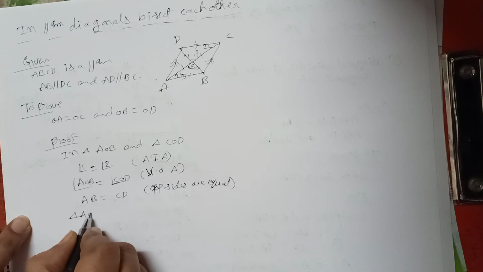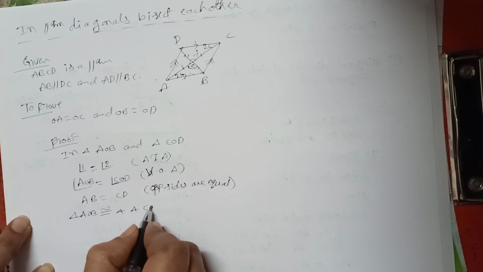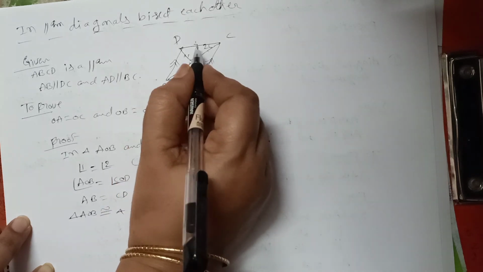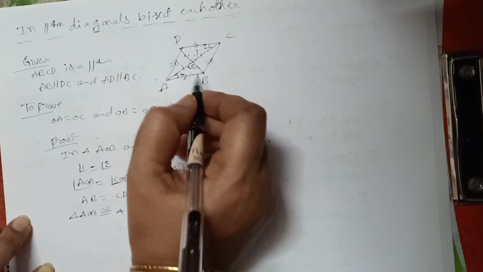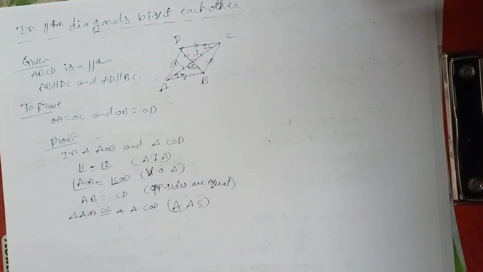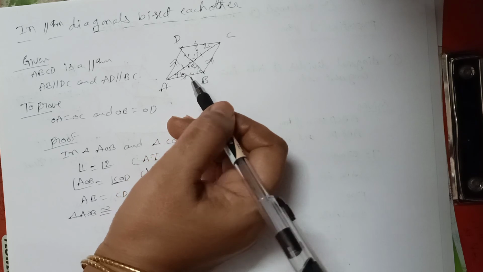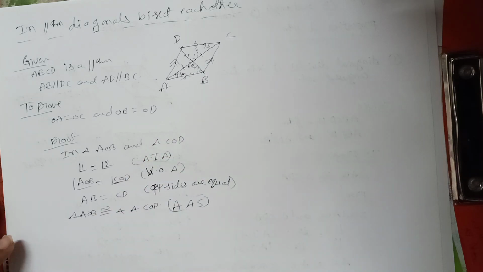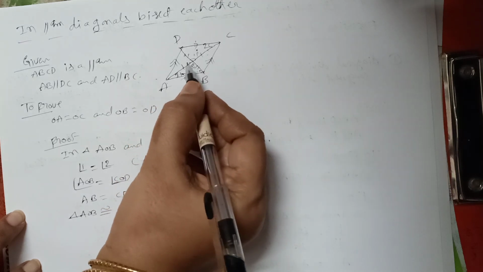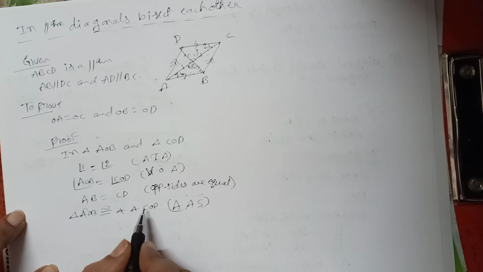Therefore, triangle AOB is congruent to triangle COD. Angle, angle, side, by AAS congruency. Or you can consider these two angles also. If you consider these two angles, ASA also you can use. If two triangles are congruent, all the corresponding parts are equal. OA is equal to OC, corresponding parts of congruent triangles.